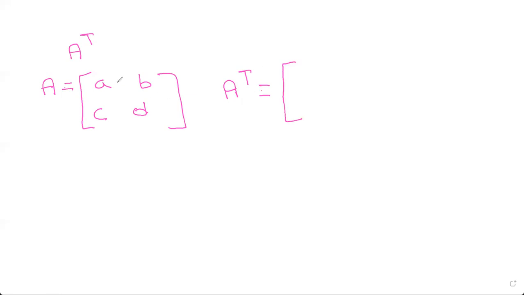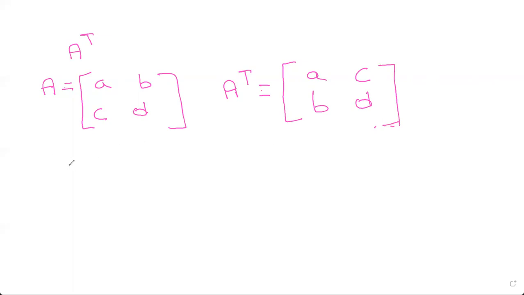So this row will become a column, so it will become A, B, and this column will become a row, so C, D will be represented as C, D. So you just have to remember, all rows become columns and all columns become rows for the transpose of a matrix.